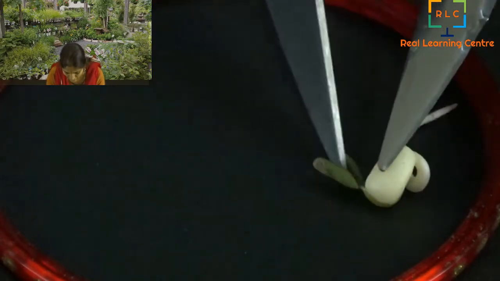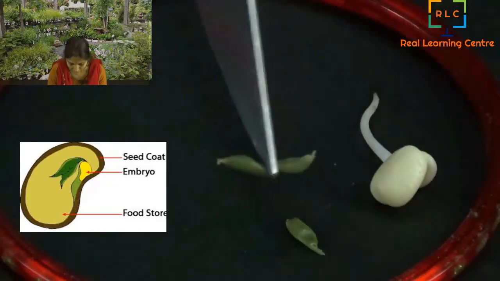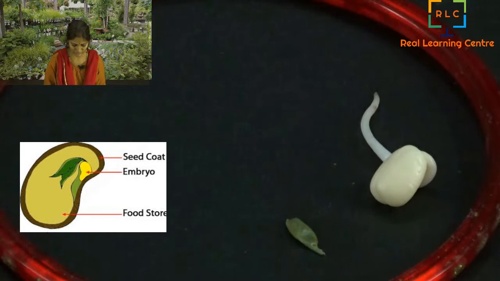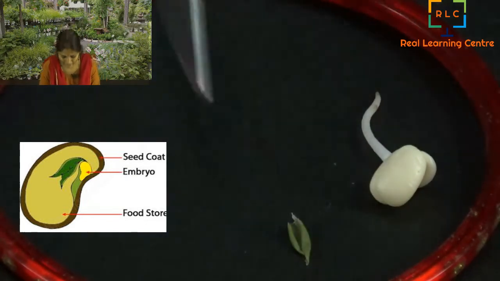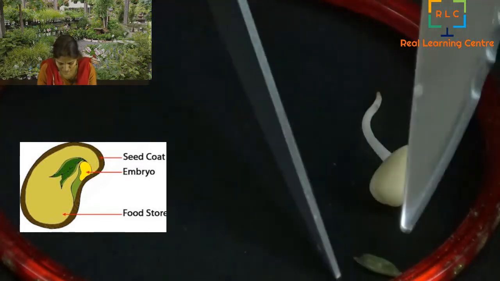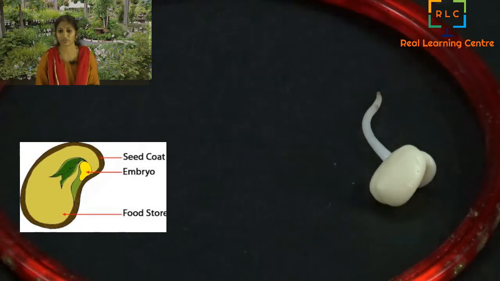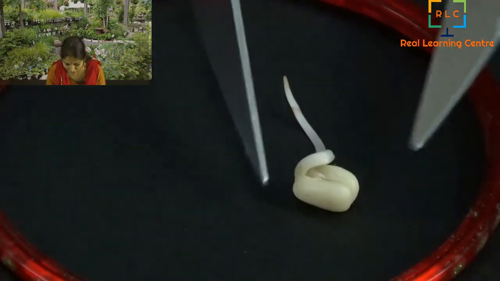I am trying to break open the seed coat. So, the seed coat has come out, and I see some white structure here.